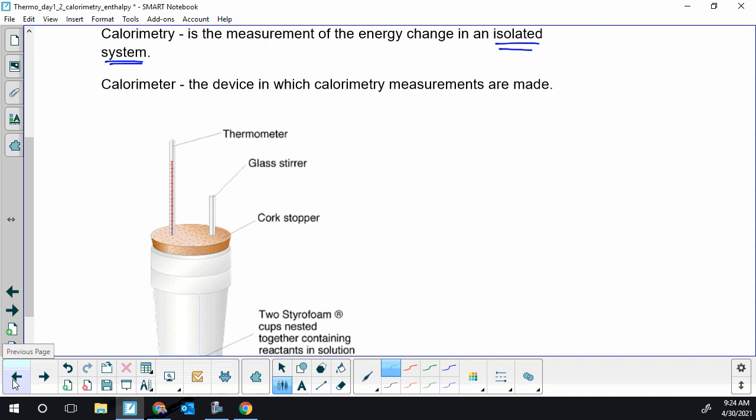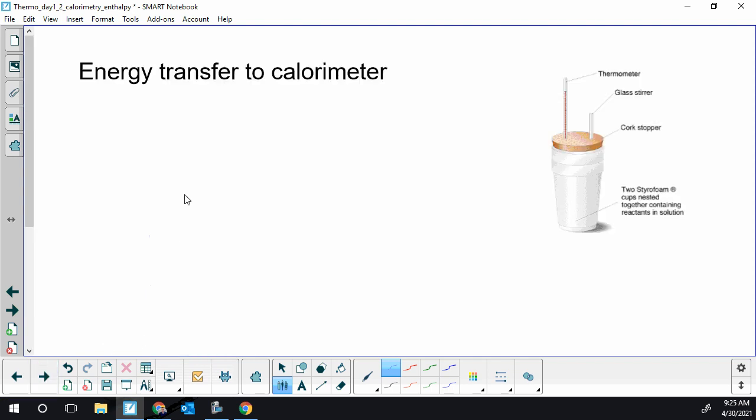So next we're going to talk about how do we figure out how much energy change there was inside the calorimeter during a chemical reaction. Okay. So energy transfer to the calorimeter, or we can think of that as energy transfer inside the calorimeter. So inside our cups, how much energy change happened in there. Okay.